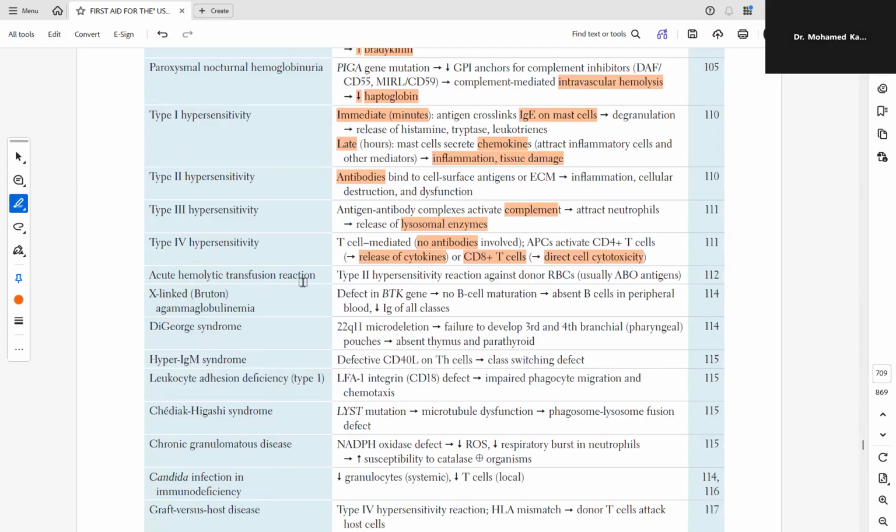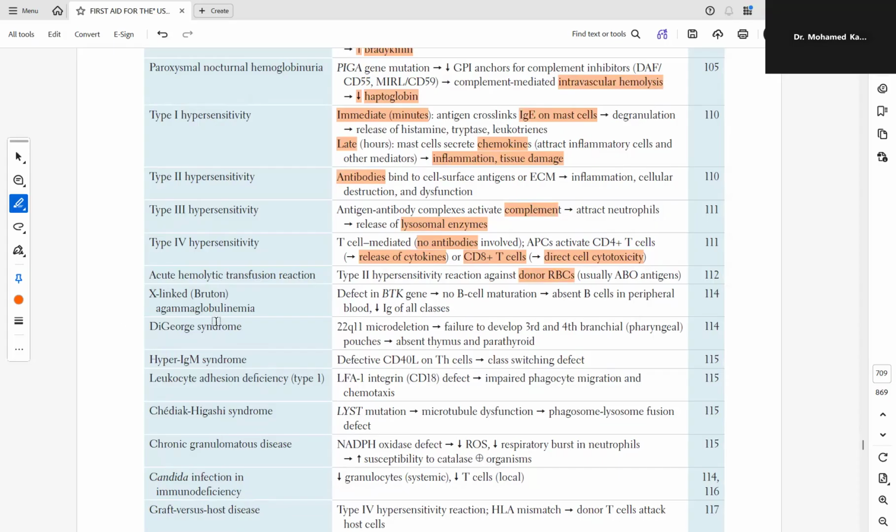This is a type 2 hypersensitivity reaction against the donor RBCs, usually ABO antigen. We know that we have A, B, O, and AB types of blood.